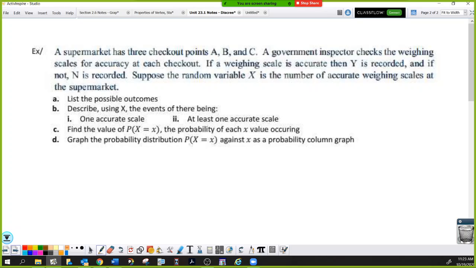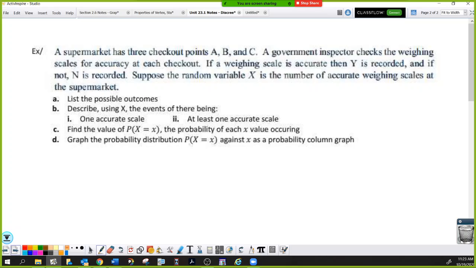Okay. So for part A, when it says list the possible outcomes, we are trying to figure out what all the possible outcomes are. Unfortunately, there are 3 lanes. That means there are 8 possible outcomes.